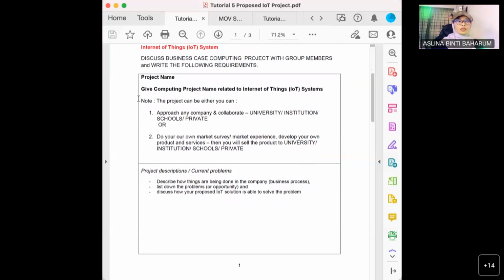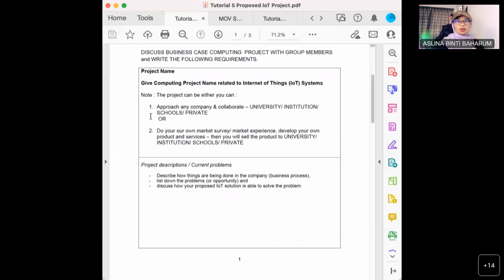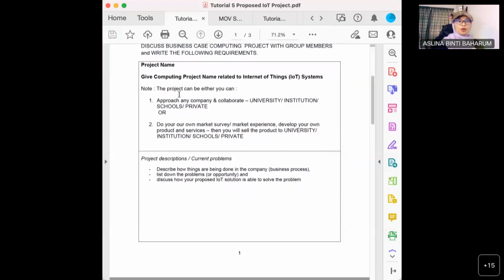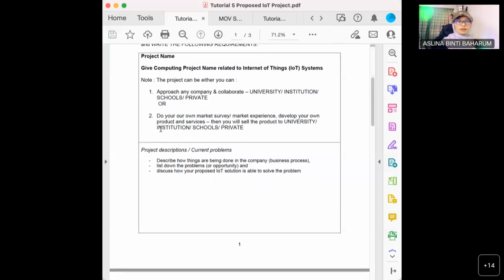Noted here that you have 2 options to explore or look up a project using these 2 methods. First, you approach or find any company or collaborator, either a university, institution, school, or private company. Second, you do a market survey and look at market experience, what is trending now, and then you can develop your own product or service, which will be proposed to the stakeholder.